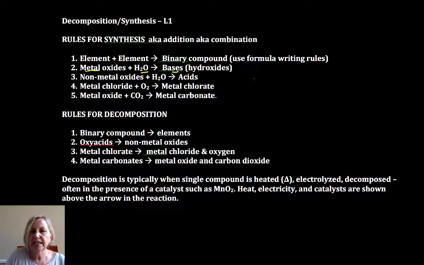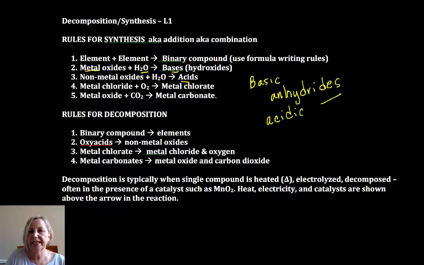Metal oxides are often called basic anhydrides. Something that is covered in IB, for example. Okay, non-metal oxides plus water form acids. Non-metal oxides are called acidic anhydrides.